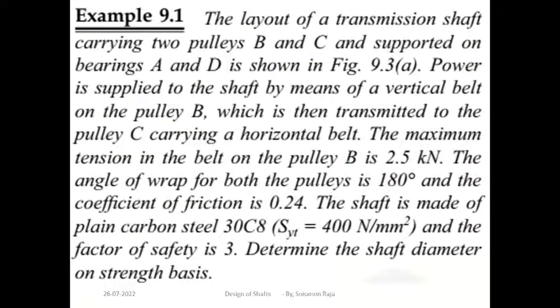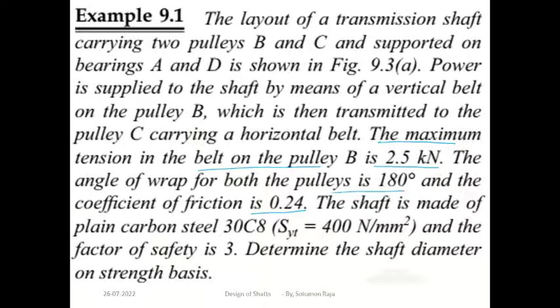The maximum tension on the belt on pulley B is 2.5 kilonewton. The angle of wrap on both the pulleys is 180 degrees, and the mu value is 0.24.